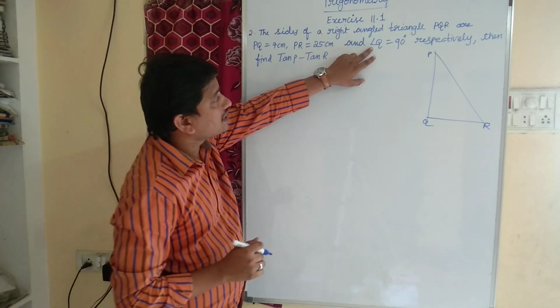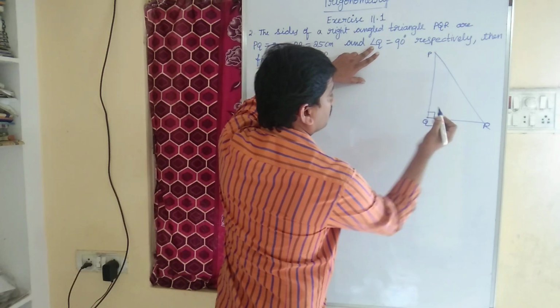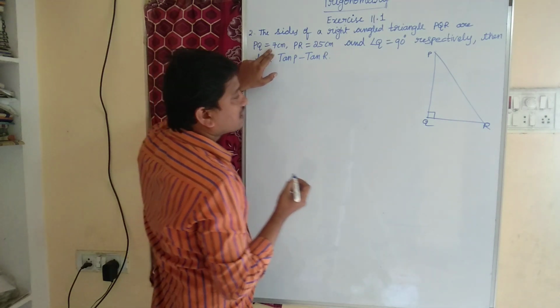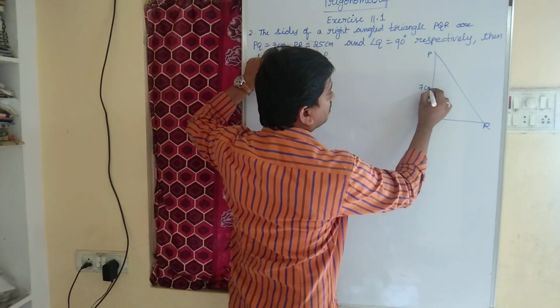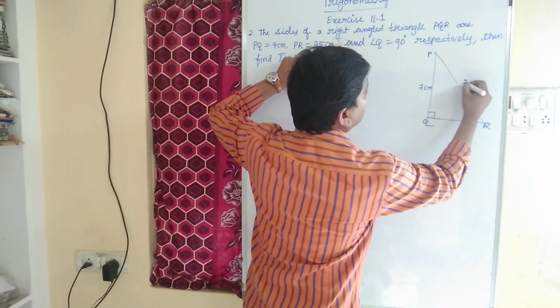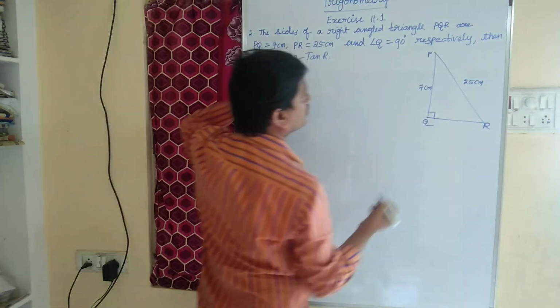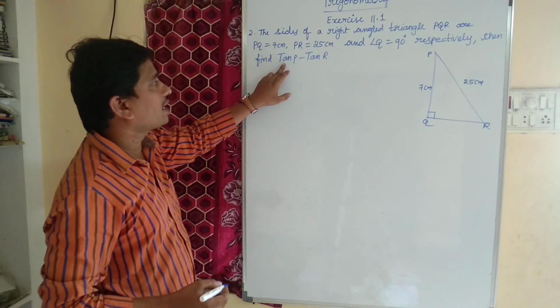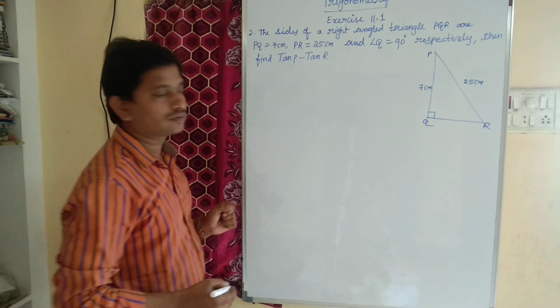Right angle is at Q. PQ is given 7 centimeter, PR is given 25 centimeter. Then we need to find tan P minus tan R, right?